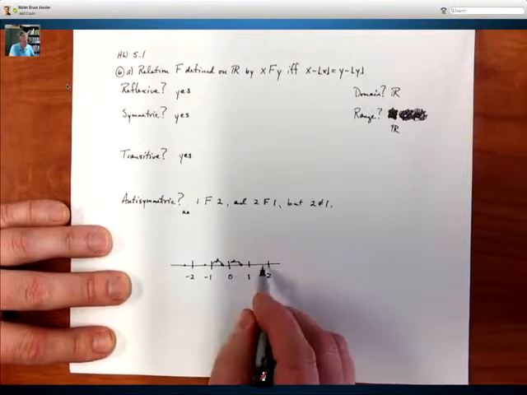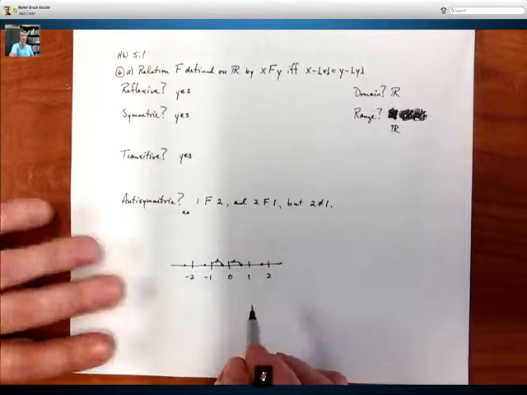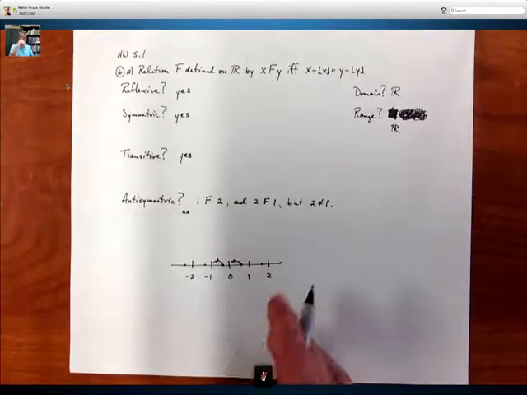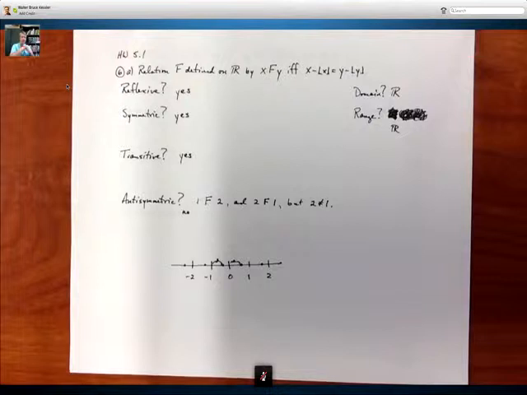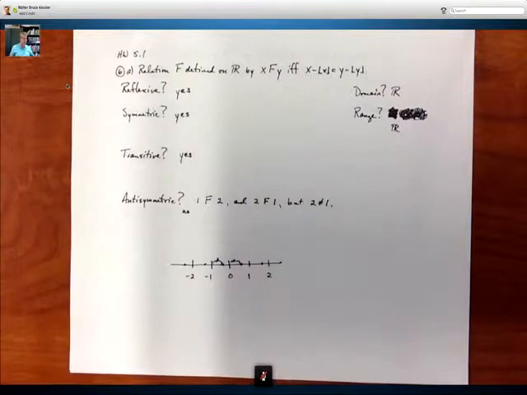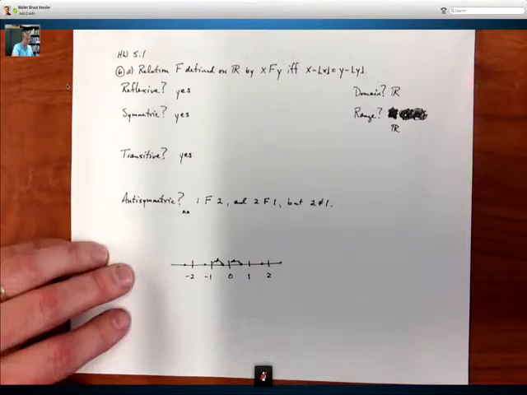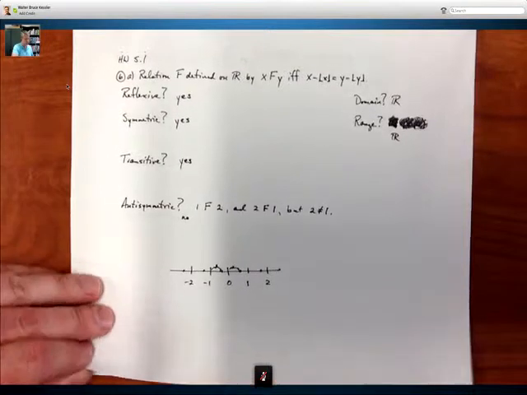So all those things like this would be related, and that's the equivalence class. We talked about in that section how equivalence relations actually partition the set, in this case the real numbers, into subsets. Partition means you don't repeat stuff, and then disjoint sets whose union is the entire set. So that's what the equivalence classes would look like there.